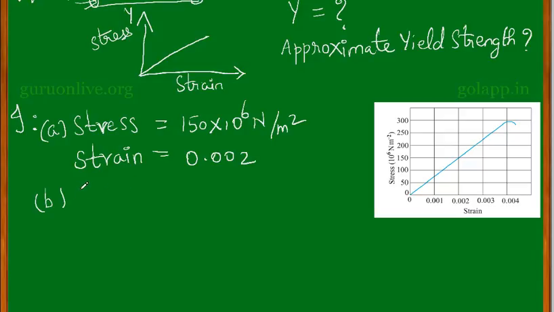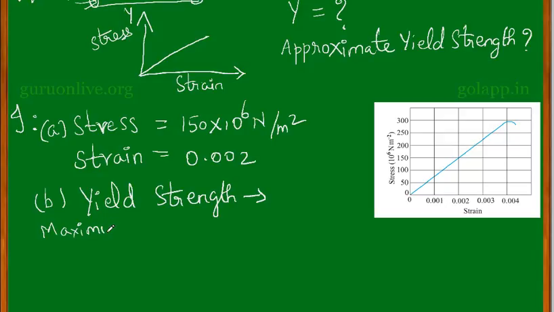That is yield. Definition of yield strength. Yield strength can be defined as the maximum stress sustainable without crossing the elastic limit.